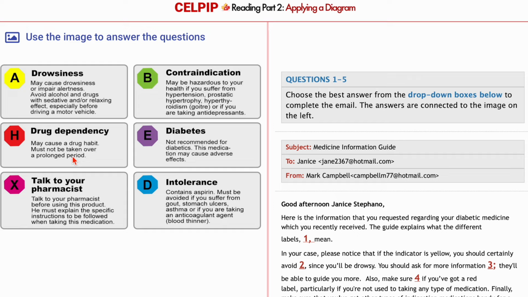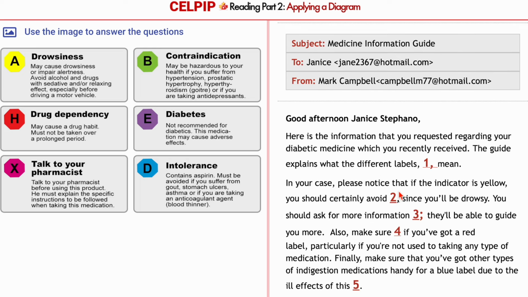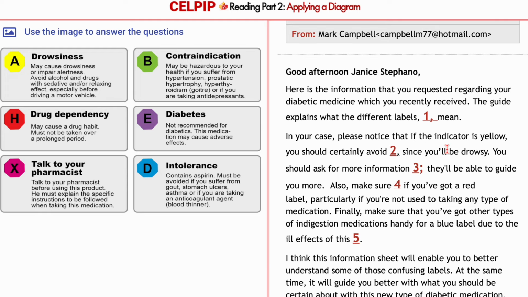Okay, so here we have our image on the left and our questions on the right. I'm just going to zoom in so we can read better. We should even try to read the email information. Subject: Medicine Information Guide, to Janice from Mark Campbell. Good afternoon, Janice Stefano.